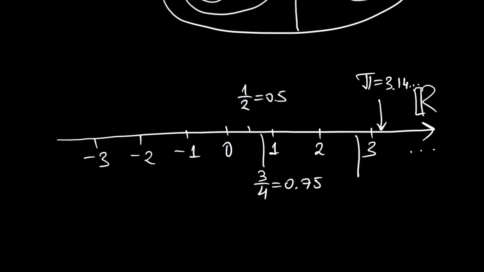Assume number e is also here, 2.71, and so on. And assume the square root of 2 is also here, 1.41, and so on. So any real number has a place on this line. So this is the definition and description of the real line.